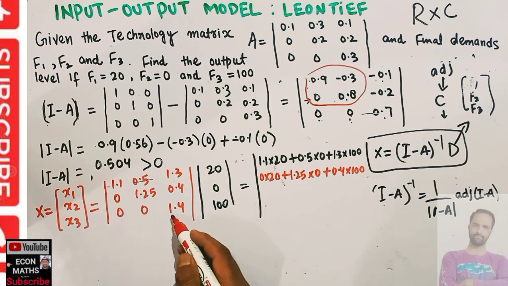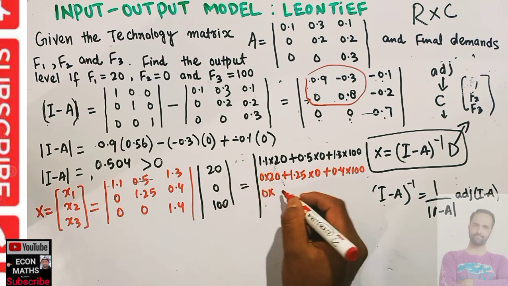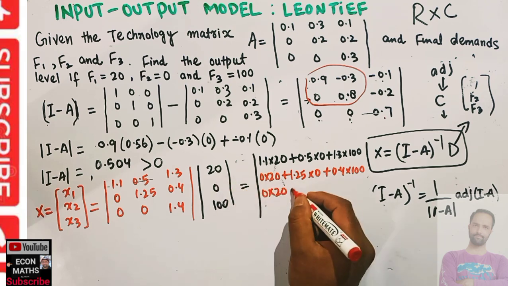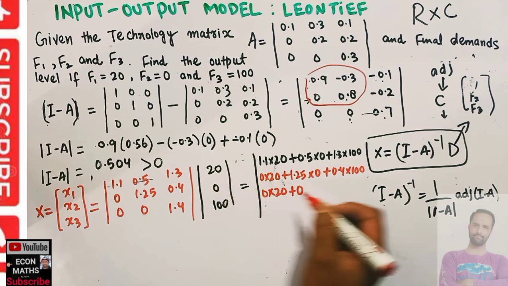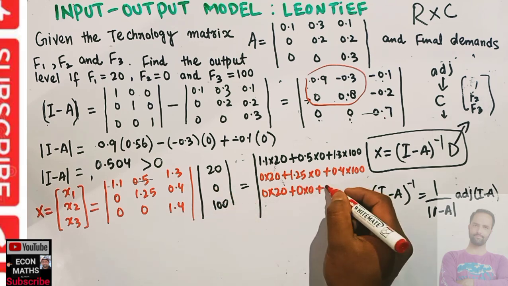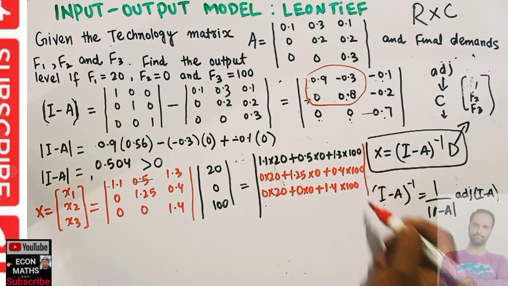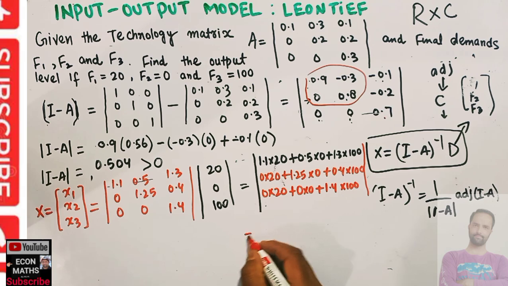Similarly, this row with this column, so we have 0 into 20, plus 0 into 0, plus 1.4 into 100. Okay, when you solve this, what will we get?